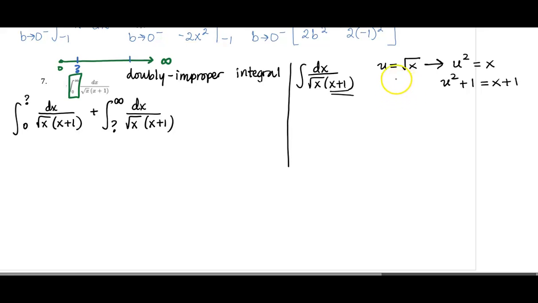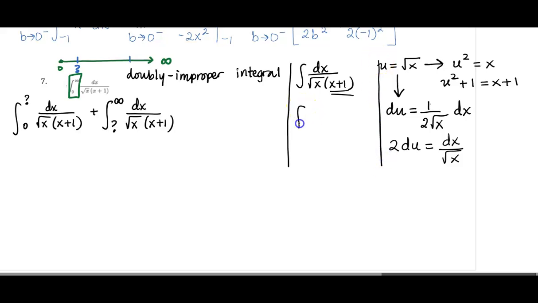Now let's see what du would be. If u is root x, then du is 1 over 2 root x dx. Well, we do have a dx over root x in the integral. Multiply both sides by 2 to see that 2 du is dx over the square root of x.